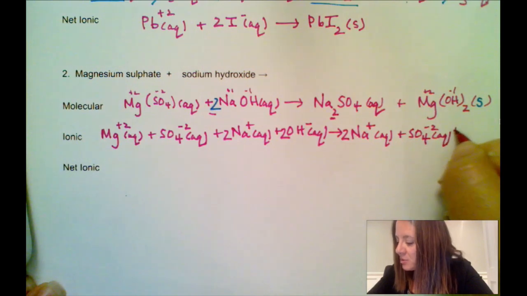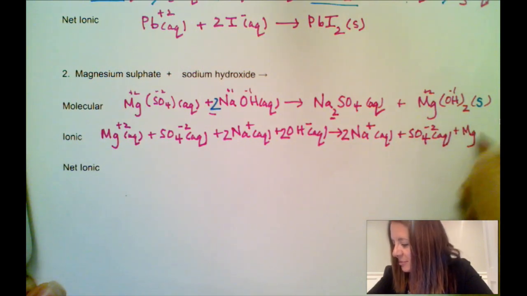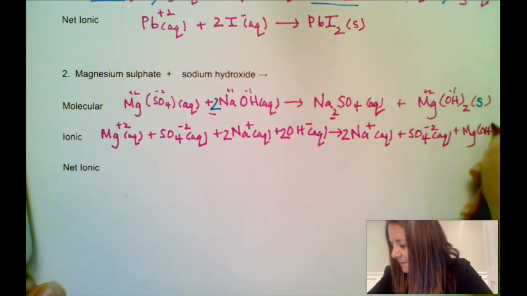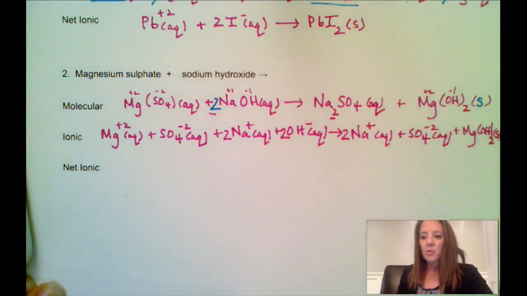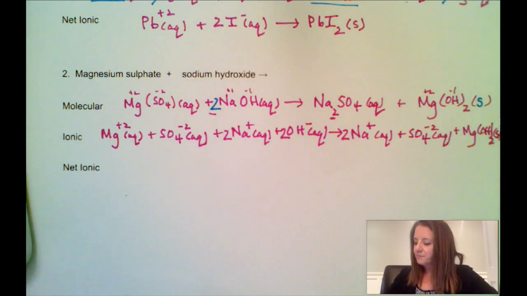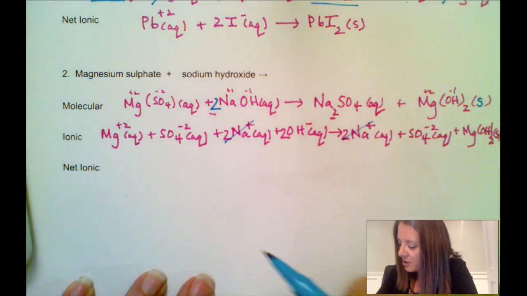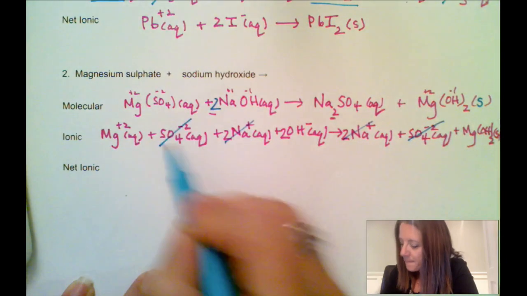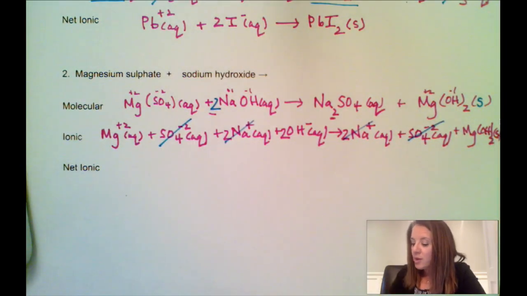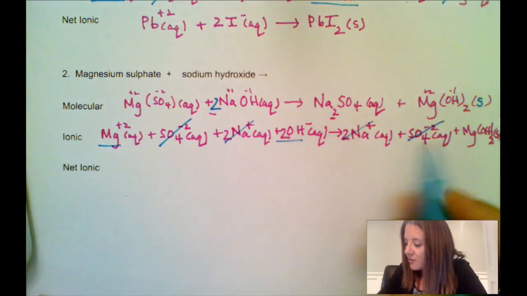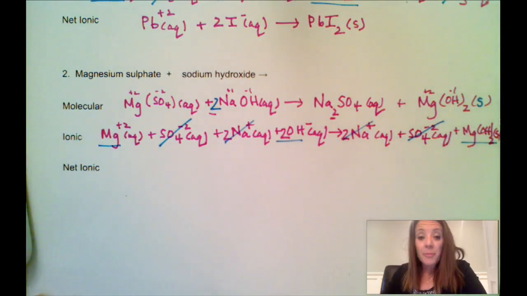And then what we do is we leave the precipitate intact. So we do not touch that one. Okay, we don't break it up into its respective ions. So what we're going to do, we're going to cross off our spectator ions. And what we are left with are the ions that make up the precipitate.